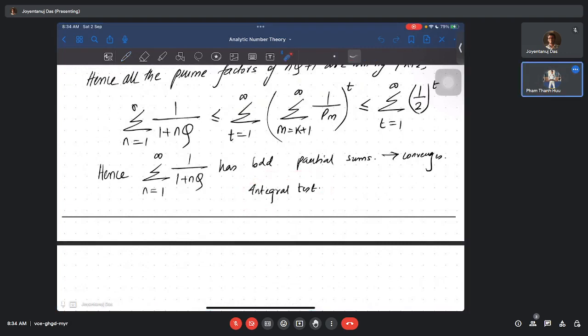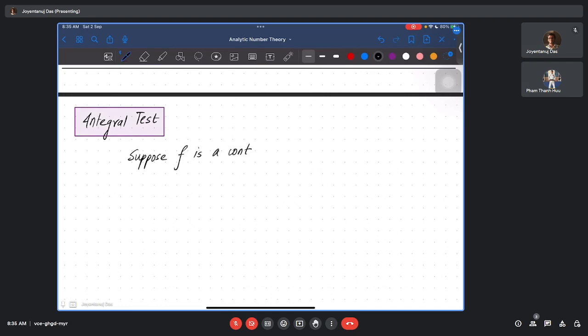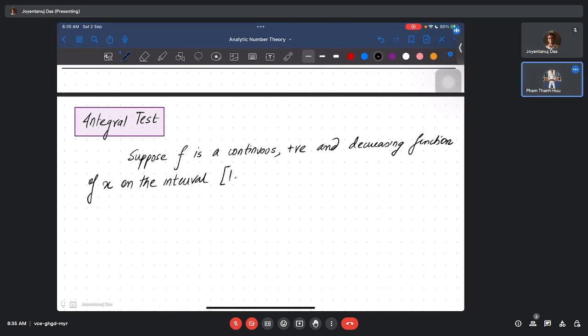test. Let me tell you that first. The integral test is: suppose f of x is a continuous, positive and decreasing function on the interval 1 to infinity, and suppose an is nothing but f of n.